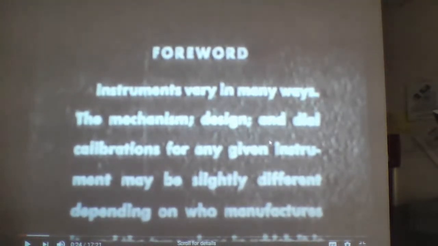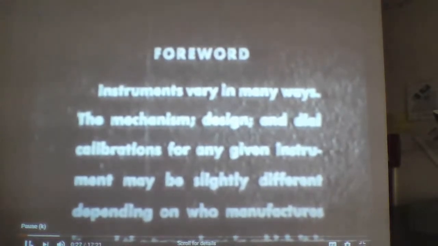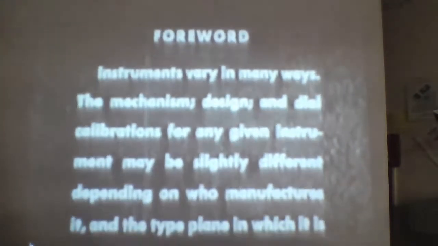The mechanism, design, and dial calibrations for any given instrument may be slightly different depending on who manufactures it and the type plane in which it is used.